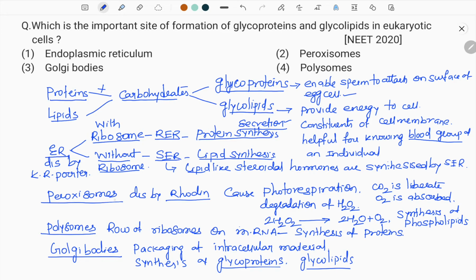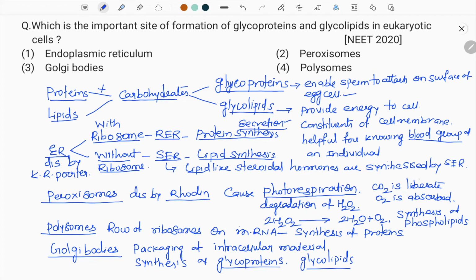They are microbodies found in both plants and animals, discovered by de Duve. They cause photorespiration, also called the glycolate pathway or the C2 cycle, that takes place only in C3 plants but not in C4 plants. During photorespiration, rubisco acts as an oxygenase and accepts oxygen to give rise to glycolic acid as well as phosphoglyceric acid.